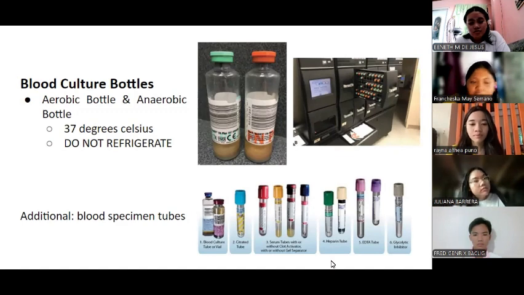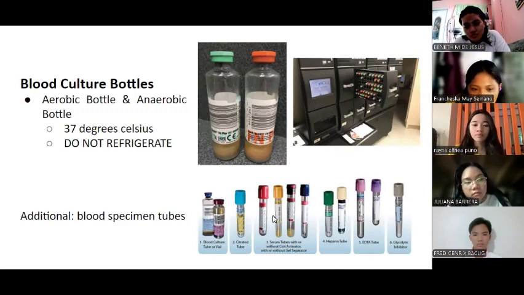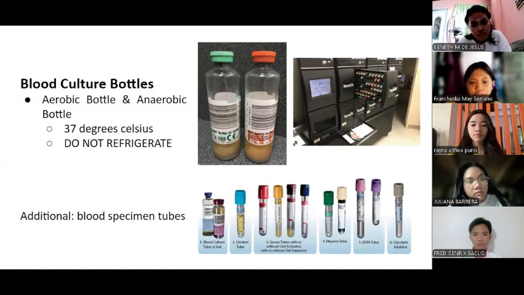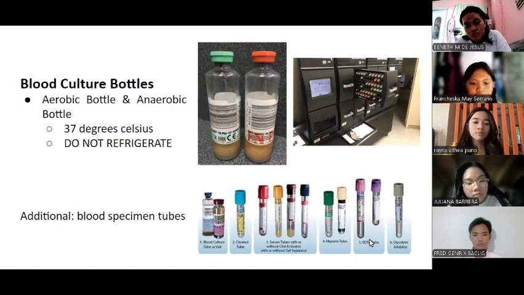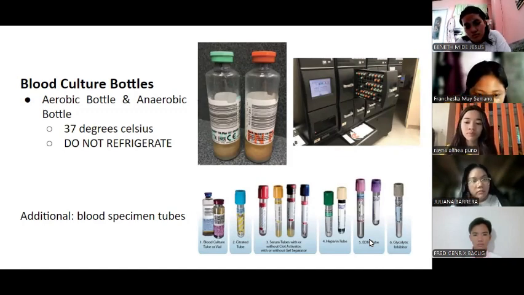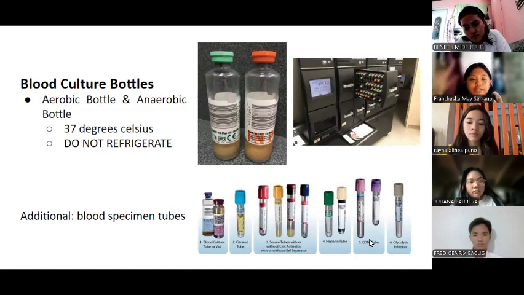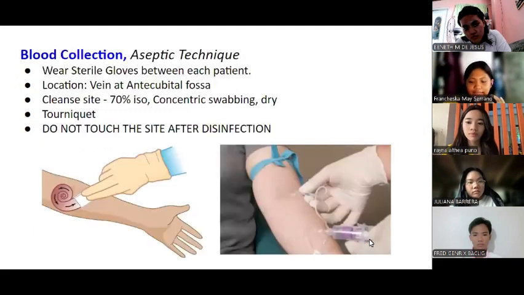These blood specimen tubes have their own different purposes. One of the most common is the EDTA tube, the purple one. There's also the heparin tube, the citrate tube, and the tube with clot activator. We will not delve deeper because they're more on the medtech side. In blood collection, aseptic technique should be observed.